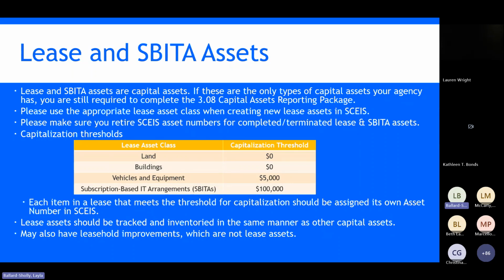Another side note, I think since GASB 96 was implemented for SBITAs, there has been a little bit of confusion, I think for some people, not everyone, that kind of just replaced all software, like all software became SBITAs. And I just want to reiterate that that's not true.